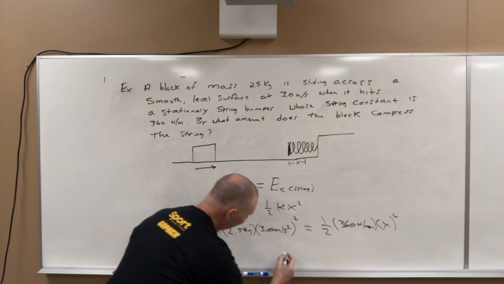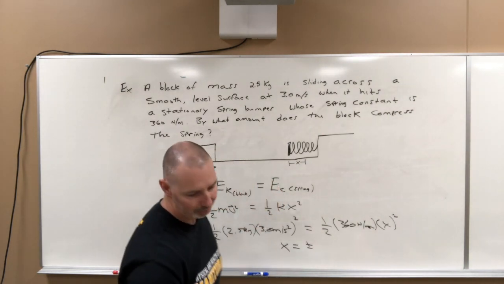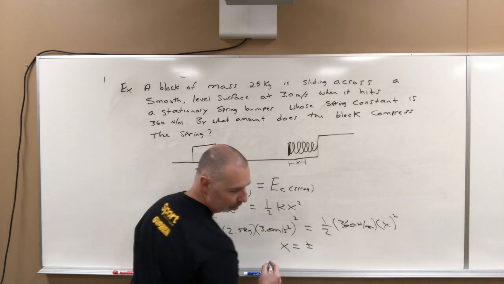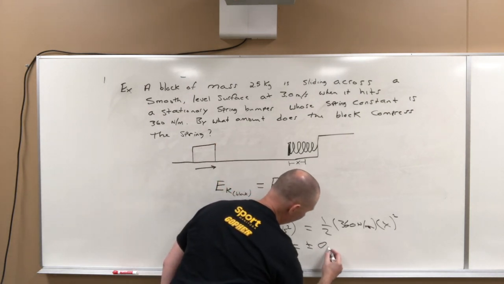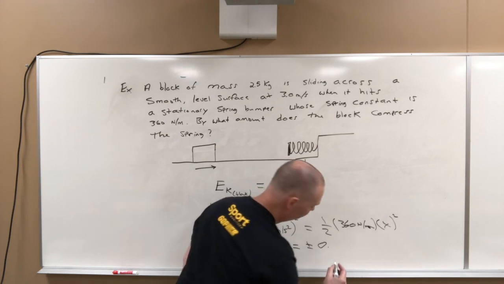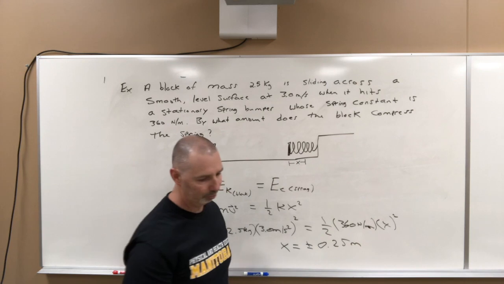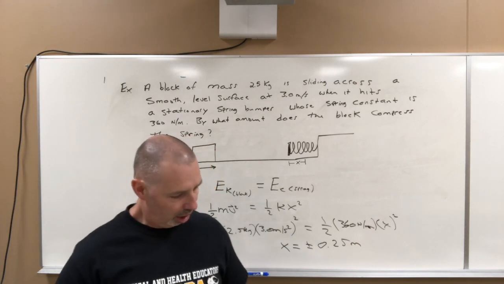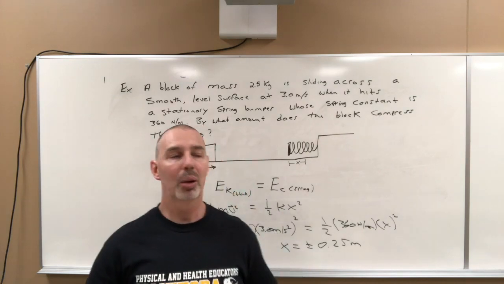And so what you'll get in the end is x equals plus or minus 0.25 meters.